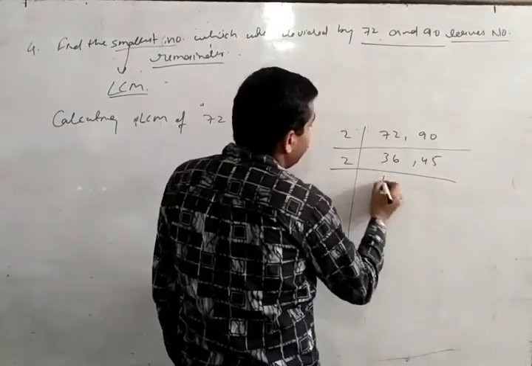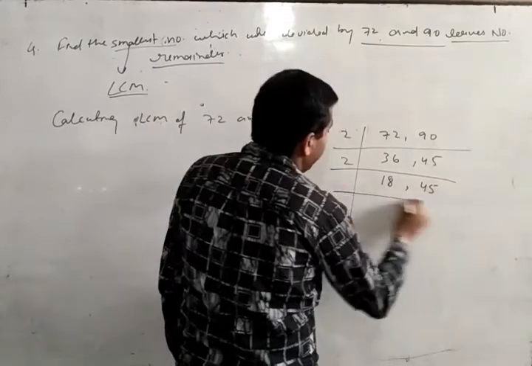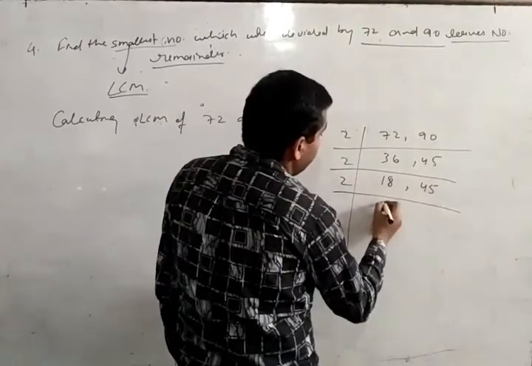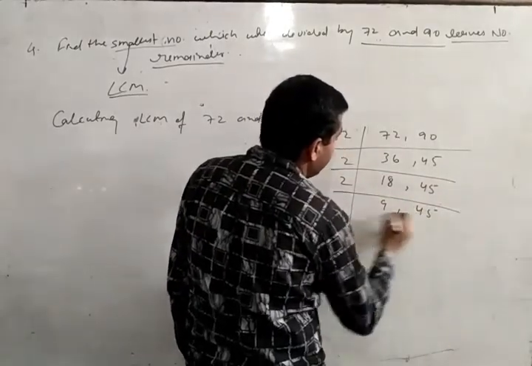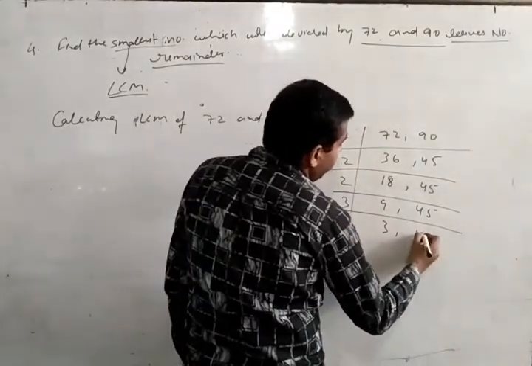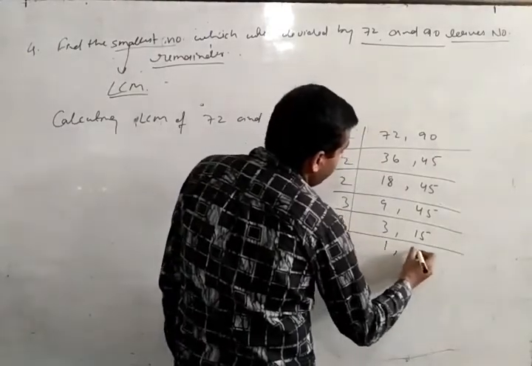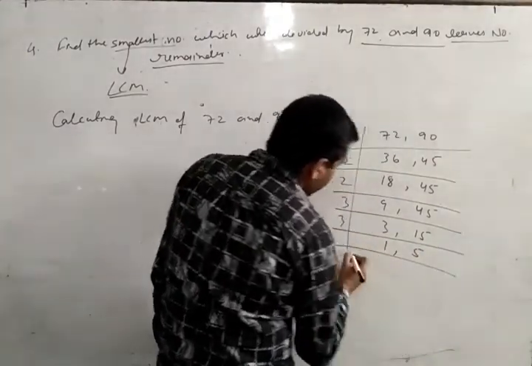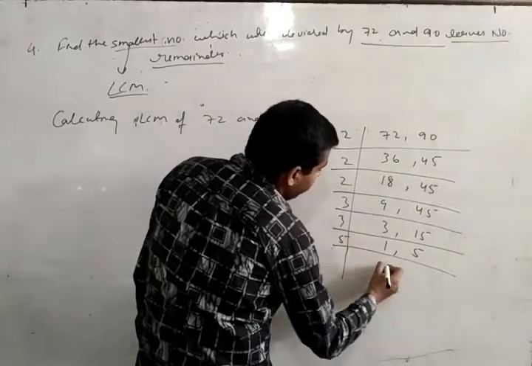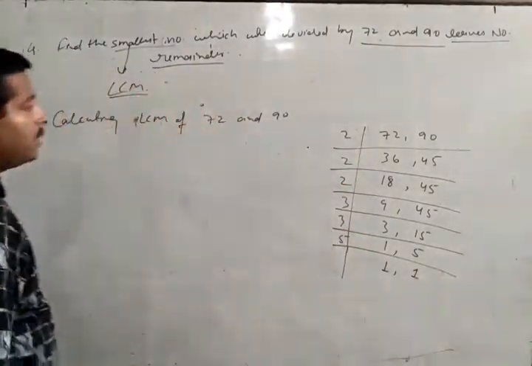Again by 2, we get 18 and 45. Again by 2, we get 9 and 45. Now divide by 3, we get 3 and 15. Again by 3, we get 1 and 5. Now we divide by 5, we get 1 and 1.